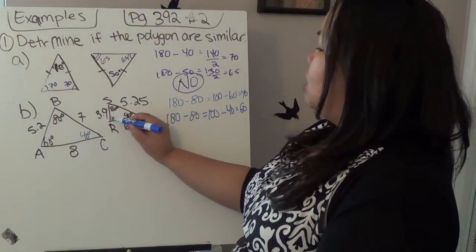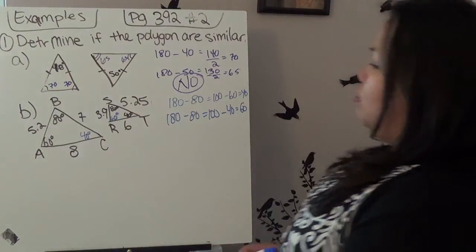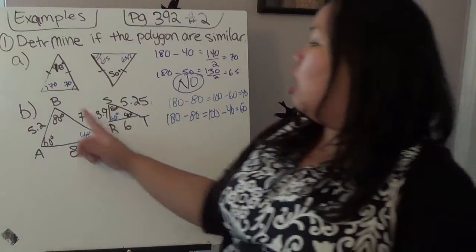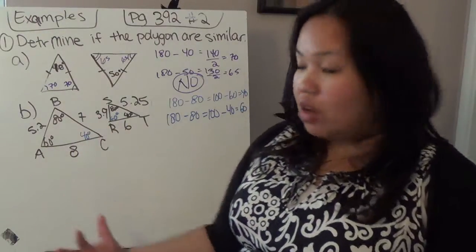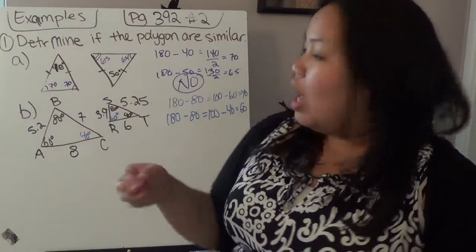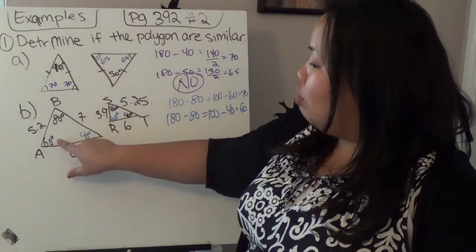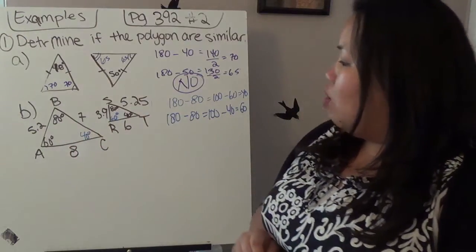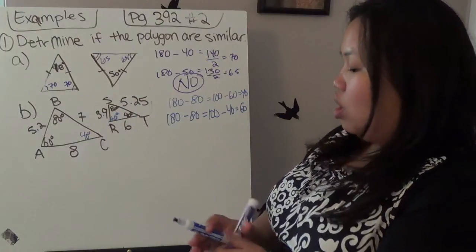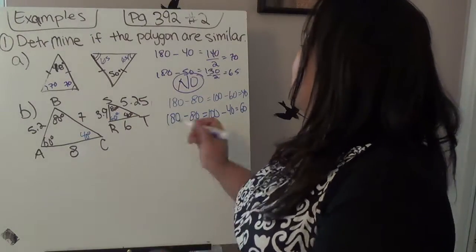So that means this last angle is 60 degrees. See how I found that? Because all angles in a triangle equal 180 degrees. So I just subtracted these from 180 and it gave me the remaining one. So all of the angles are equal.